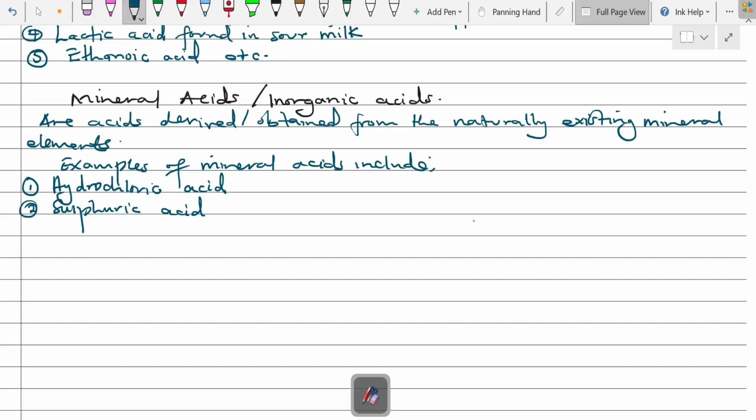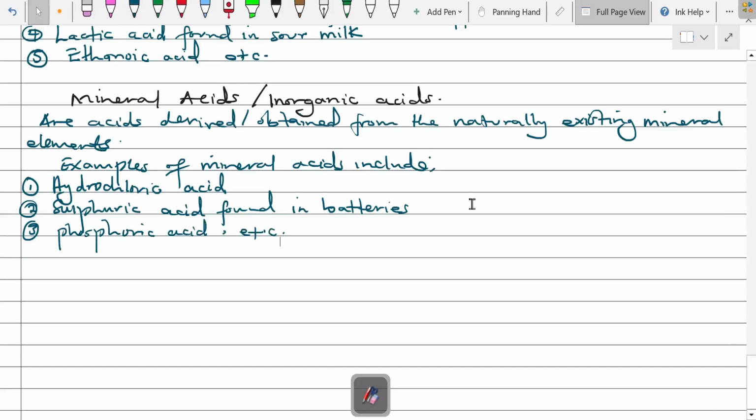Then sulfuric acid, this one is found in batteries, car batteries. So the third one we can have phosphoric acid, and so on and so forth.